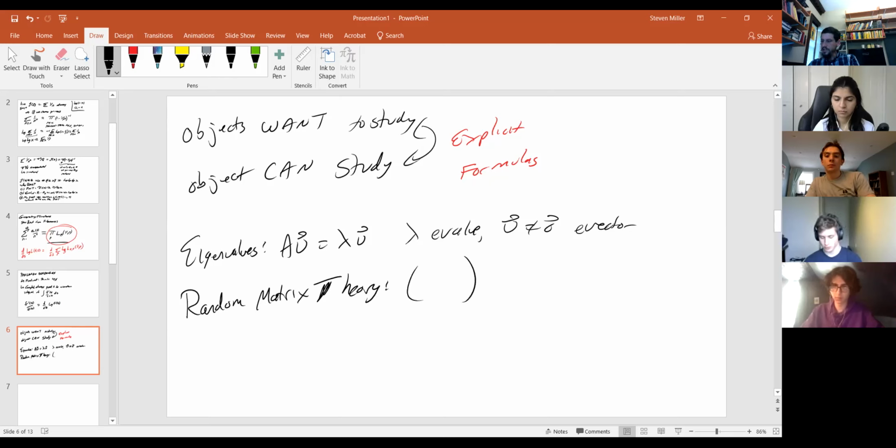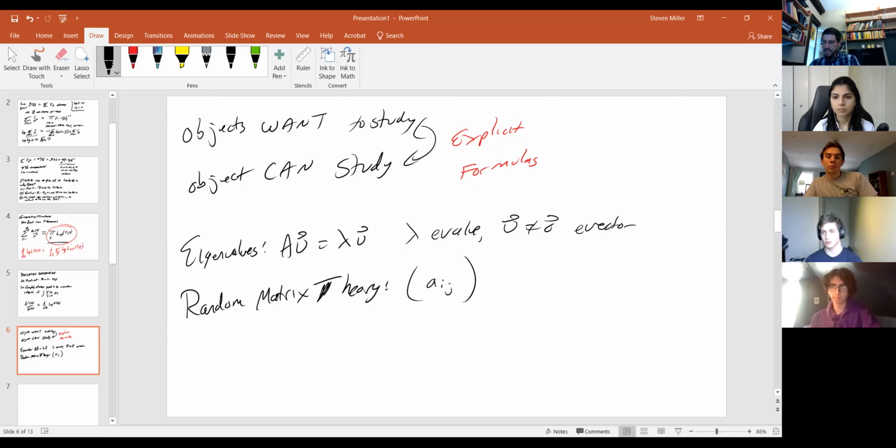And the idea is you choose a large matrix where the a_ij's are somehow chosen randomly. Maybe you choose each individual a_ij randomly, or maybe you choose the matrix from some kind of group, maybe unitary matrices or something like that. We want to understand the eigenvalues of the matrix. The eigenvalues of the matrix correspond to the energy levels of some physical system, but it's the matrix elements that we know things about.